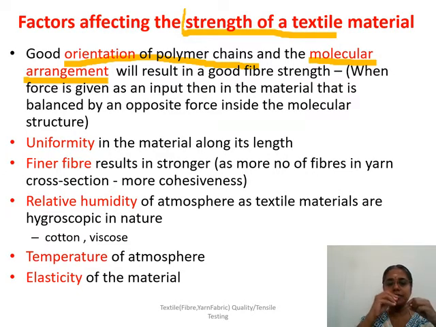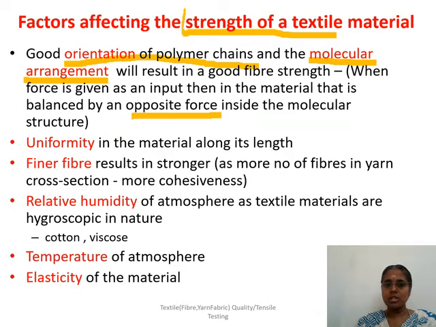If it results in a good fiber strength, then you can apply as much force as required. The force that is applied is withstood by the internal molecular change happening inside, which is the stress being balanced by the opposite force happening inside the molecular structure.